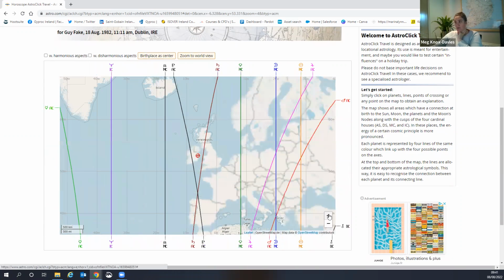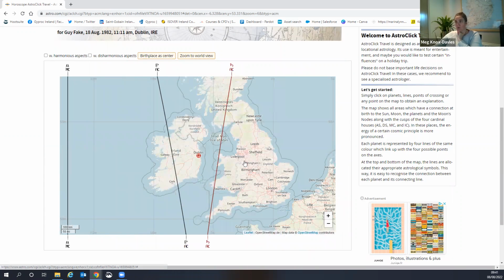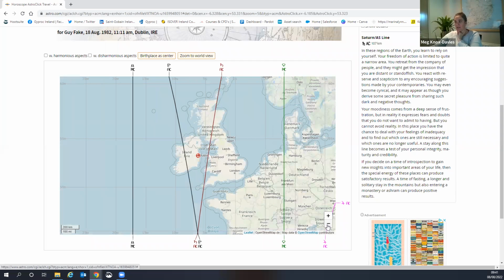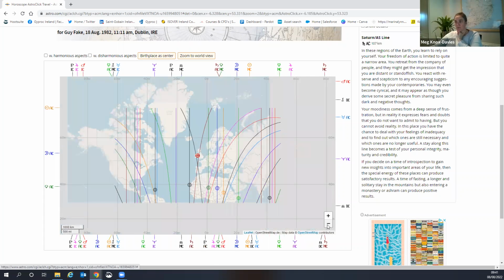So you can scroll in and you can see that this person was born in Dublin between their Saturn line and their Pluto line. And we'll talk about what these lines mean later in other channels. But I just wanted to sort of get off the basics. So if you zoom back out, this is the map of the world.